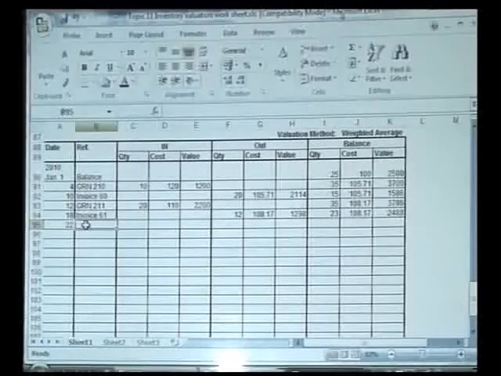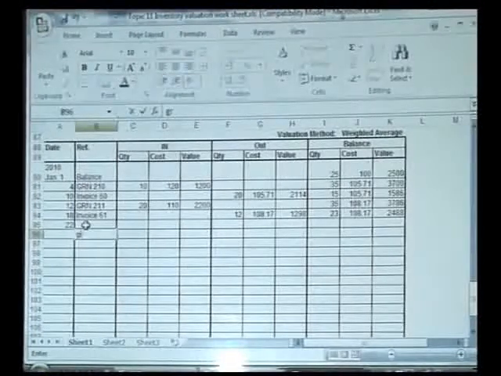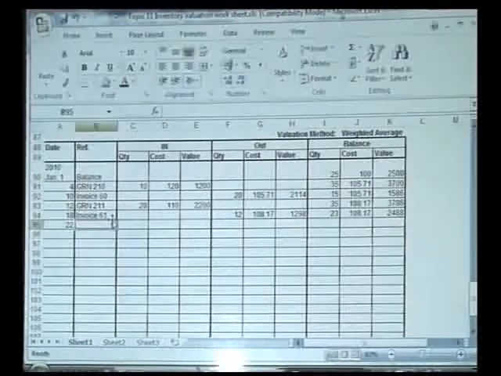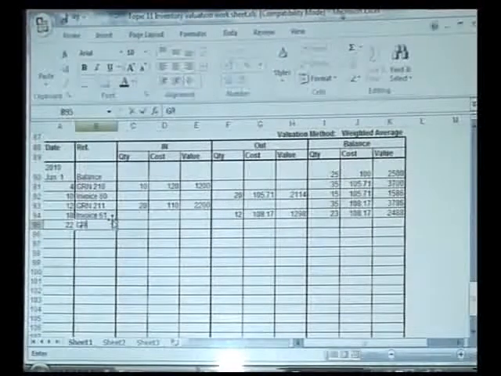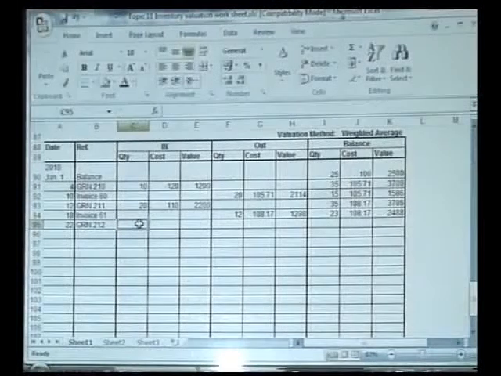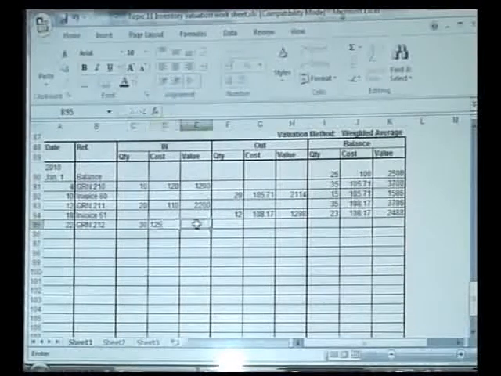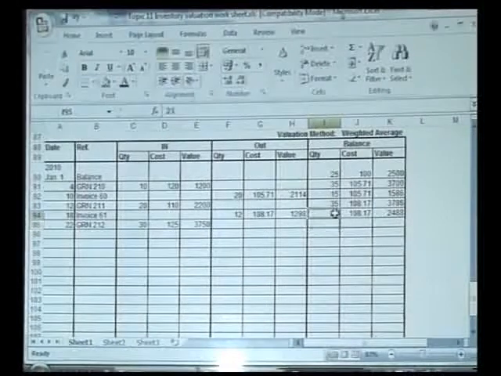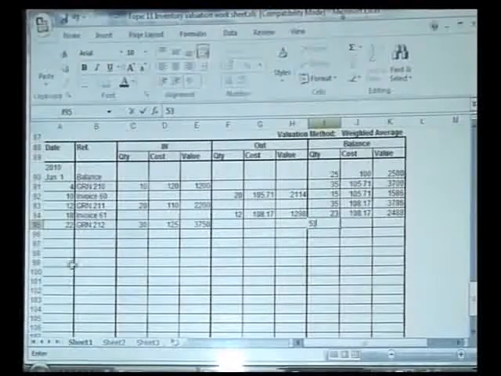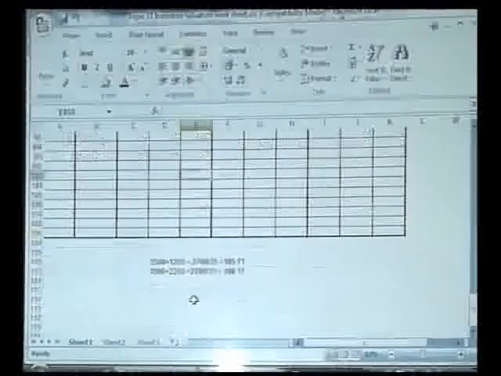22nd, GRN 220. Amount received or purchased 30 at 125. Total 3750. Now 23 plus 30, 53. Find the average cost.